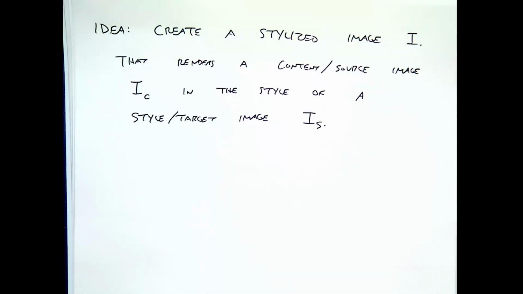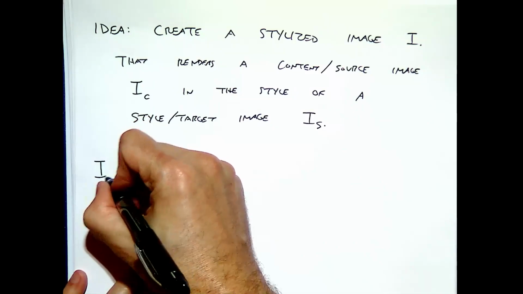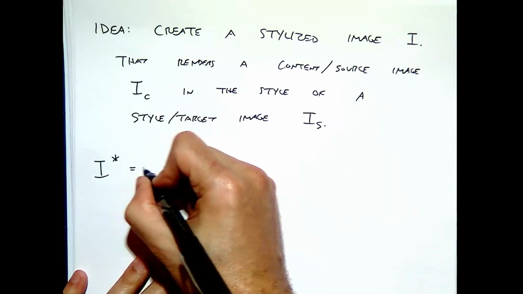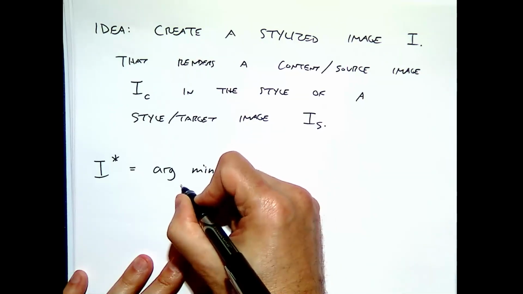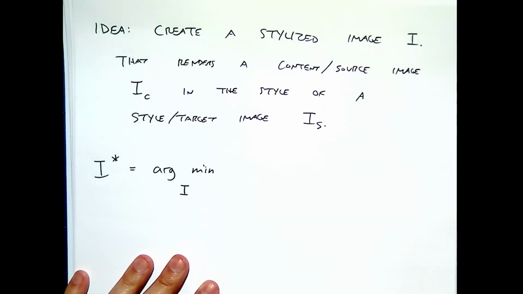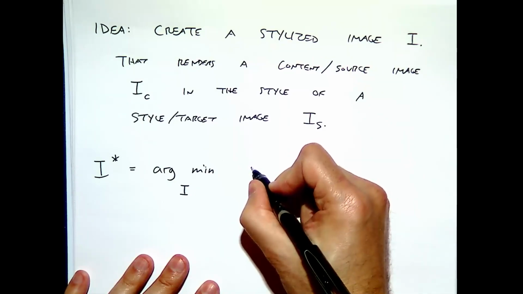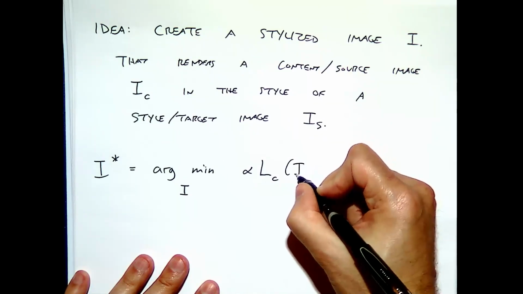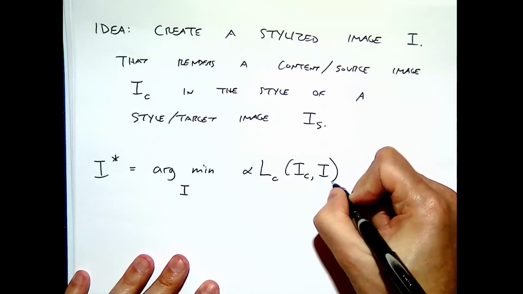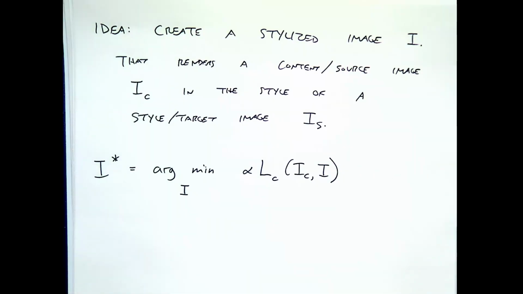And the natural loss function for this problem is basically to say, the optimal I that I create is what I get by minimizing over all my possible outputs a loss of the form: I've got some sort of a loss function that says what is the content loss, right?